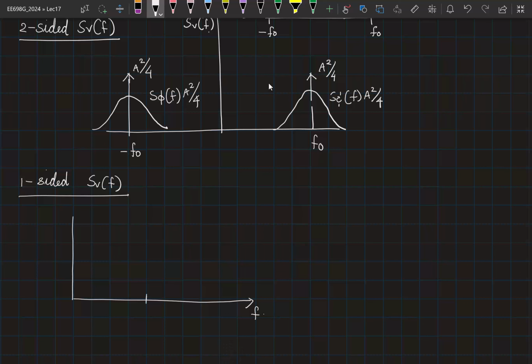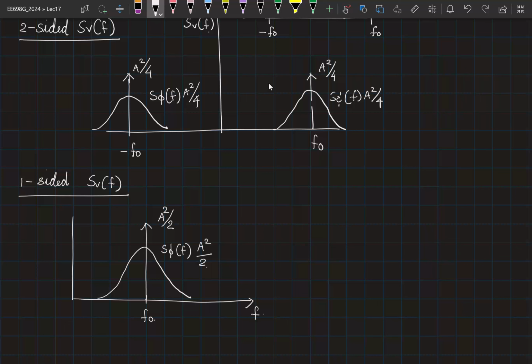Around f naught, I have an impulse of value A square by 2, and you have S phi of f multiplied by A square by 2.